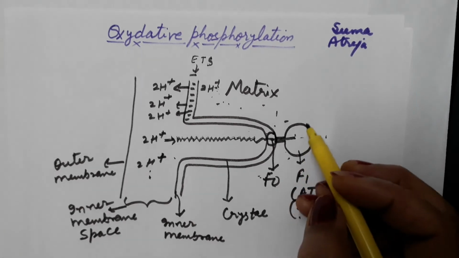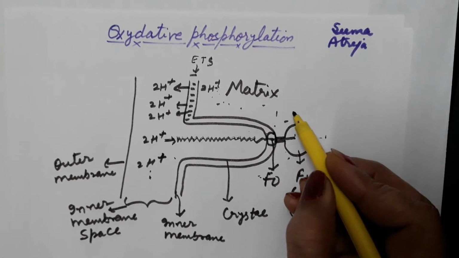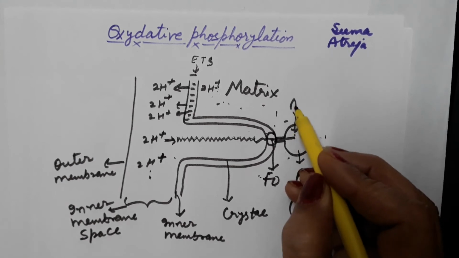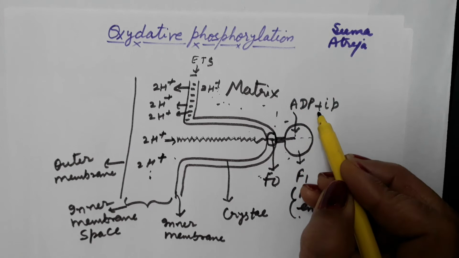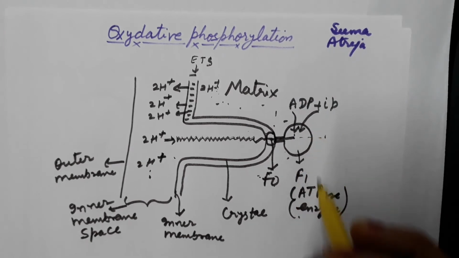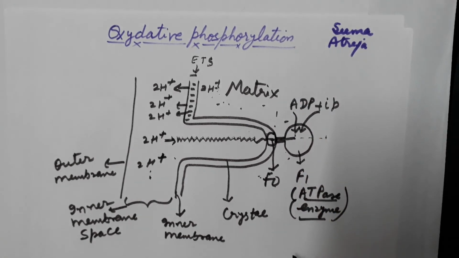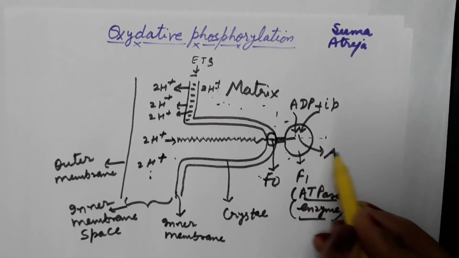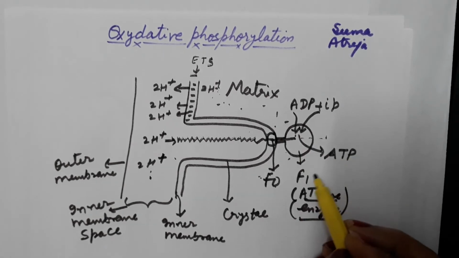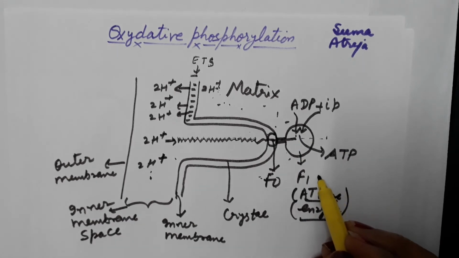And this energy is utilized in combining ADP and inorganic phosphate in the presence of the ATPase enzyme, which is responsible for the formation of ATP. This is how ATP is produced.